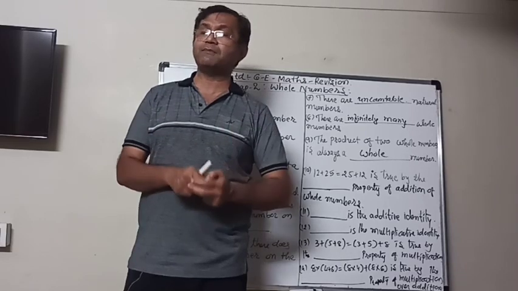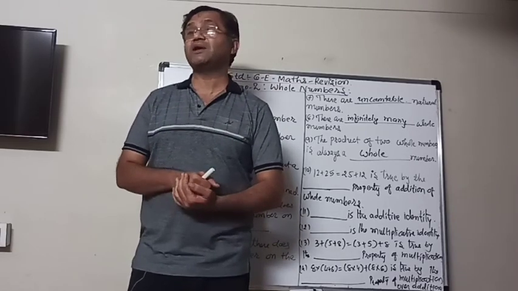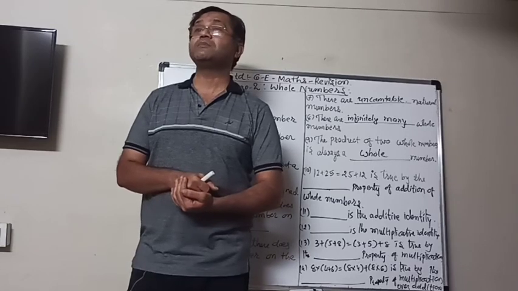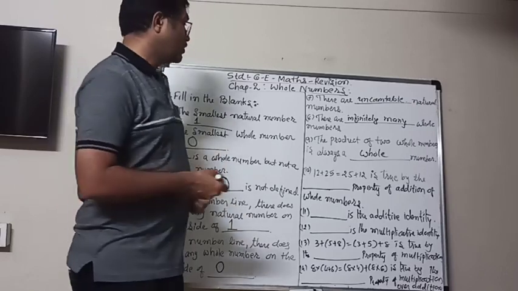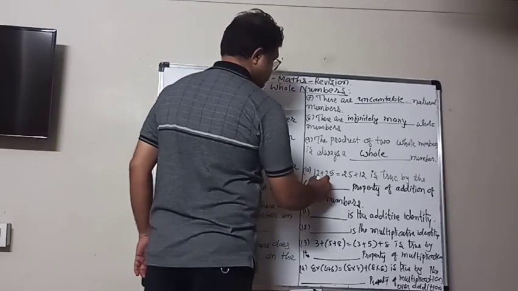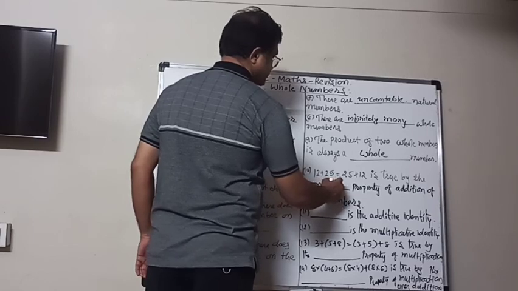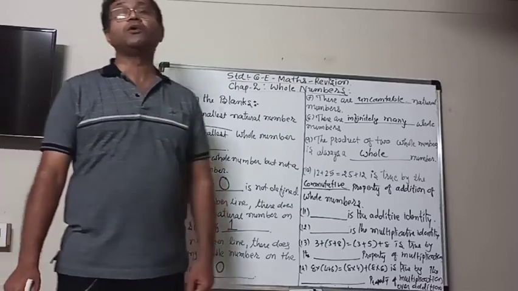We can add the numbers in any order, and that property is known as commutative property. So we will write commutative property of addition of whole numbers.